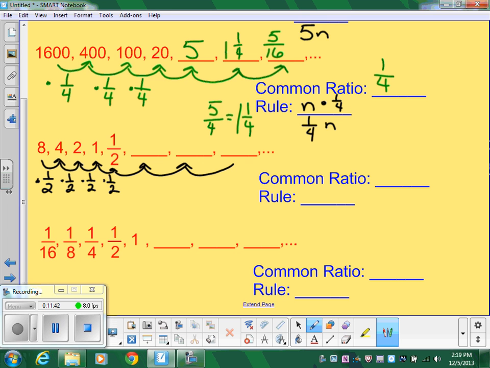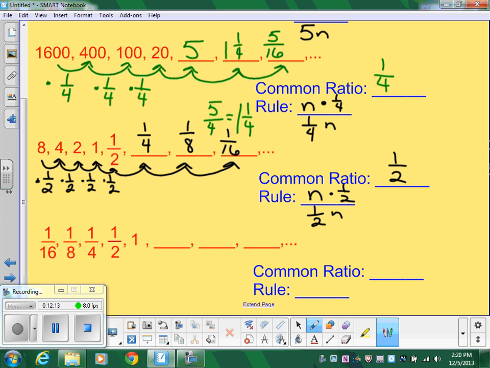So if we continue through here, we're going to apply our common ratio of 1/2, leaving us with 1/4, 1/8, 1/16. Follow the same procedure. Our variable to represent the previous term multiplied by the common ratio, meaning we have a rule of 1/2 n.